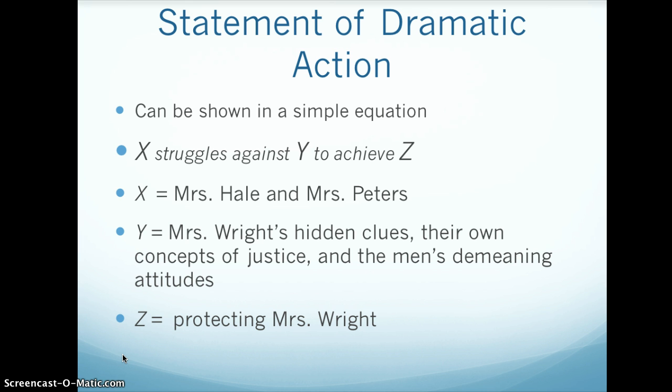So they're really out to get Mrs. Wright no matter what. She doesn't stand much of a chance. But on the other hand, murder is murder. And so look at the inner conflicts that the two women go through trying to get to the point where they decide if it's right or wrong to shield Mrs. Wright. And finally, Mrs. Wright does leave lots of hidden clues.